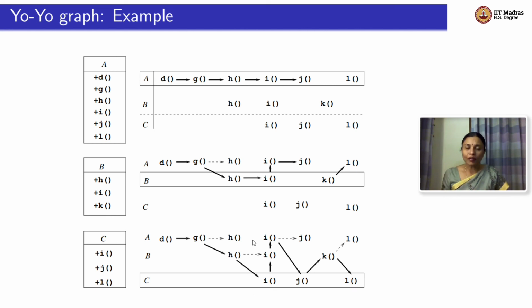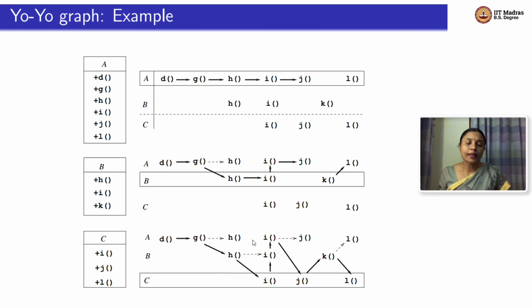In a yo-yo graph, we have methods as vertices and edges represent method calls. Edges are further categorized into 2 kinds: calls that can happen and calls that will happen. Dashed edges represent calls that can happen. Bold edges represent calls that will happen.